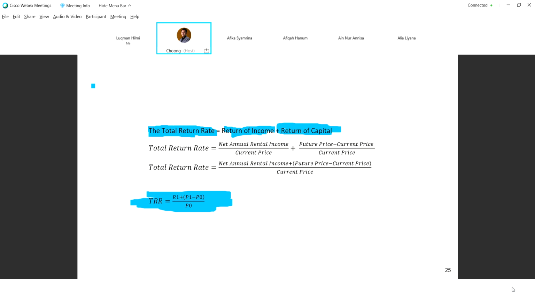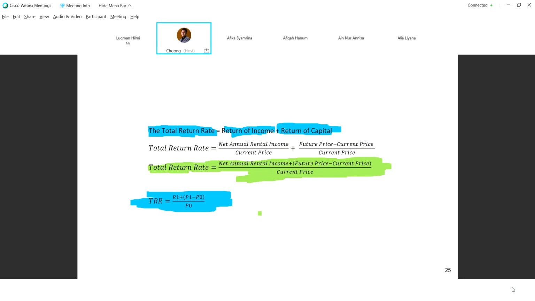But this is the total rate of return that we talk about. So for now, you only have to remember one particular formula, this one. This formula. This is the one. You don't have to memorize it as well, as long as the notes are with you.